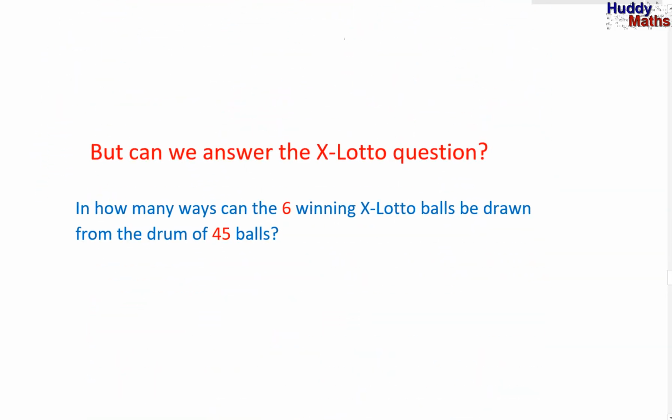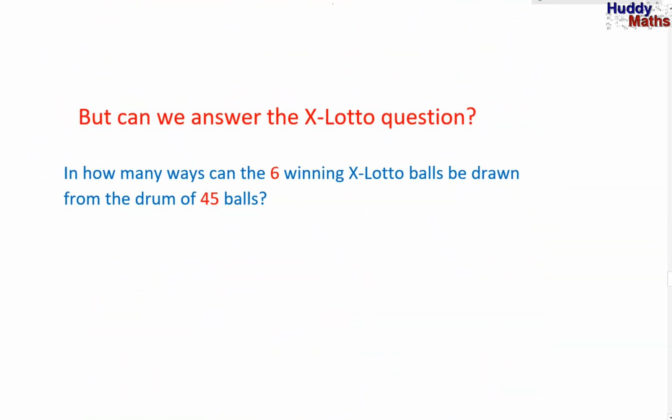Come down now. But can we answer the Cross Lotto question? In how many ways can you select 6 numbers from 45? And don't do this. Don't race in and put P 45, 6. Off to the calculator, I'm going to work it out. Did I make a mistake?